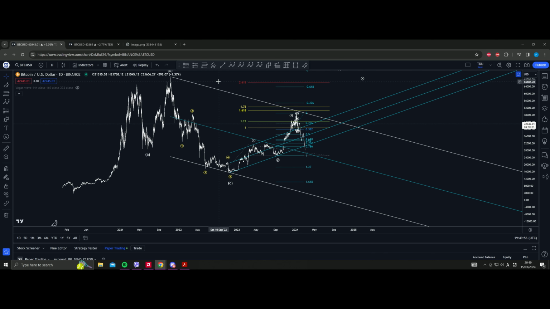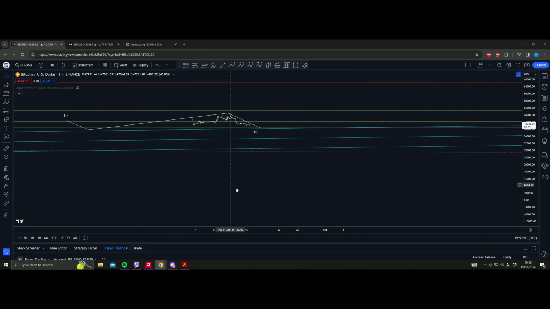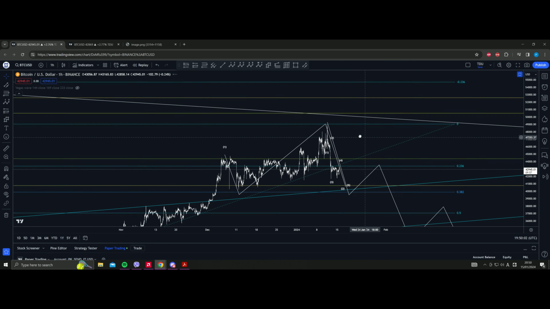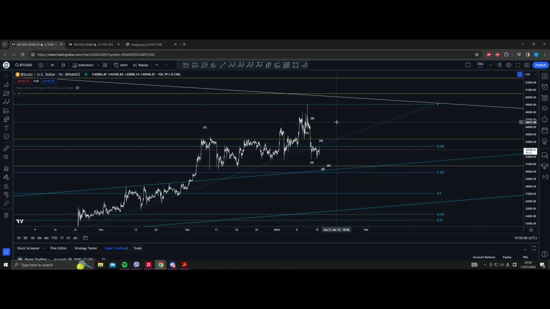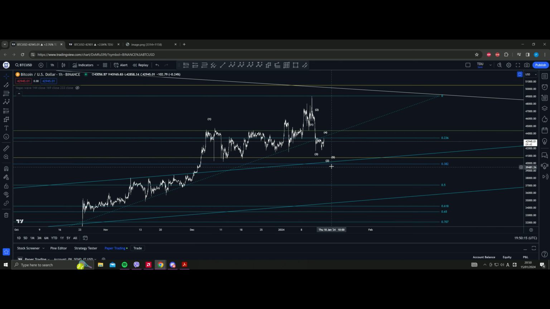We have to follow Bitcoin right now and pay attention on the lower time frame to what the market tells us. It is scary to long now, and I would understand if you long it, but just keep your stop losses tight.